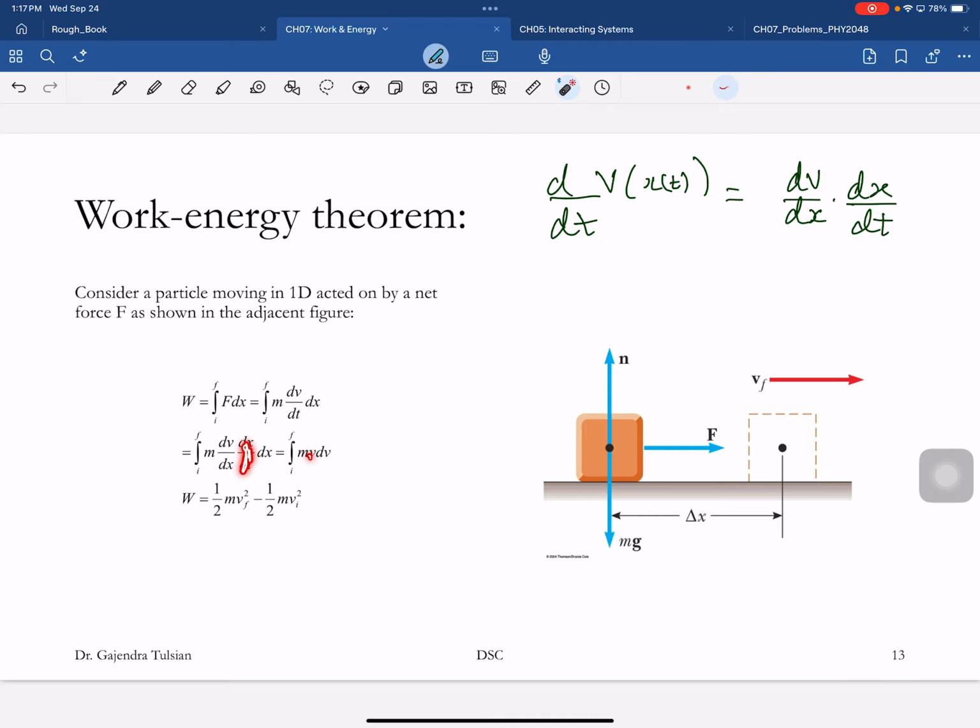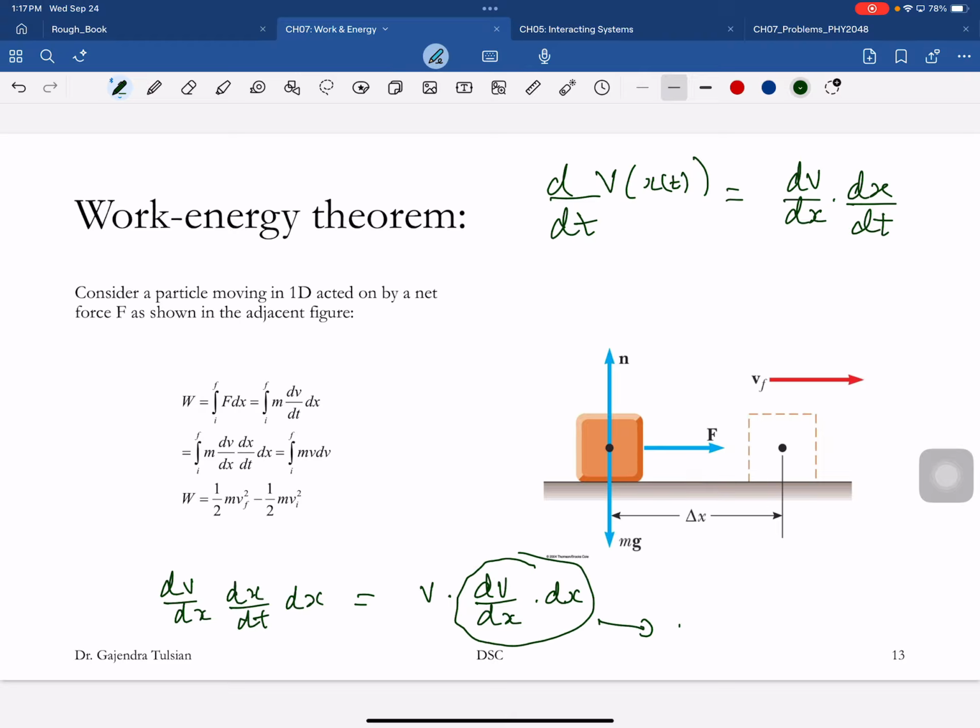Dx by dt is the velocity of the object, and so we have dv by dx, dx by dt, dx. So you have the velocity of the object, dv by dx times dx, and this is dv. That's the change in the velocity when the object moved a distance dx.